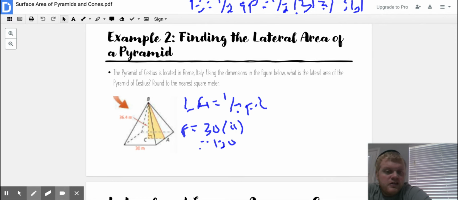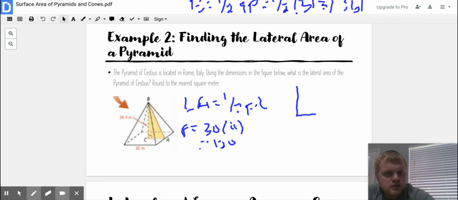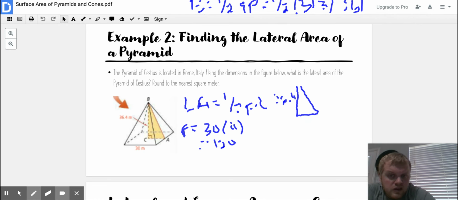Now I need to find my slant height. Unfortunately, they did not give me the slant height. So I have to pull that triangle out. Here's my triangle. We know that the altitude is 36.4, and we're looking for the slant height. This is the X that we're looking for.